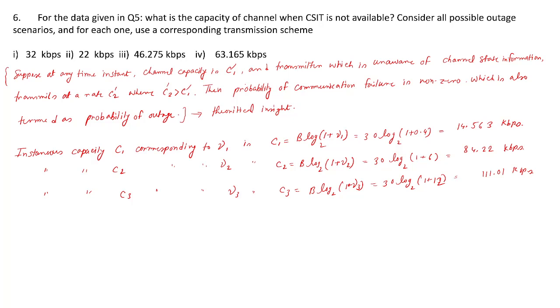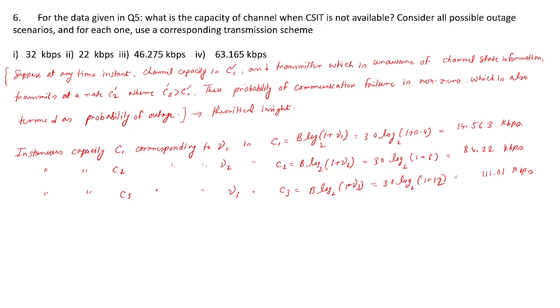So if I want to ensure that there is no communication failure, what does the channel say? The channel capacity doesn't go below 14.56. So if my transmitter sends data at a rate less than or equal to 14.56 at all instants of time, then I am avoiding any communication failure.